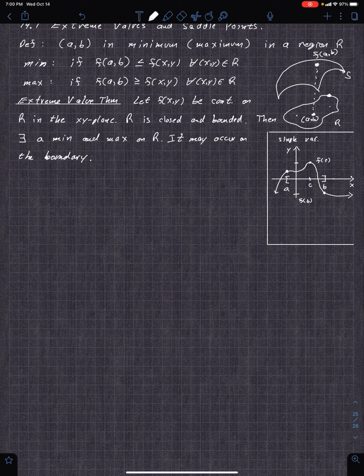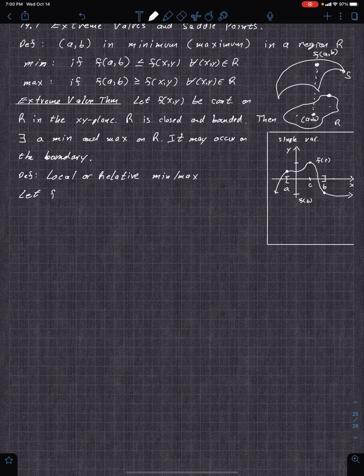Let's go to the next definition. Now we're going to talk about local and relative min or max. So this is the definition of local or relative minimum or maximum. Okay, so same kind of concepts as before.